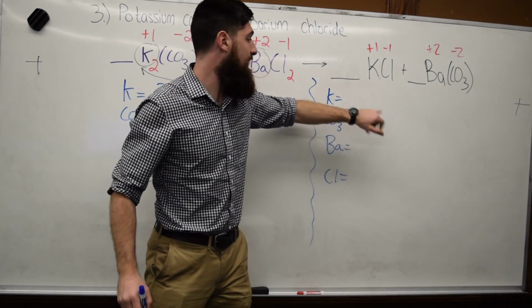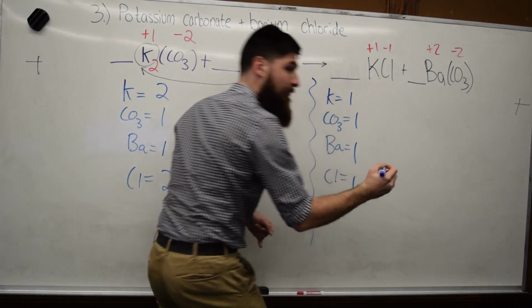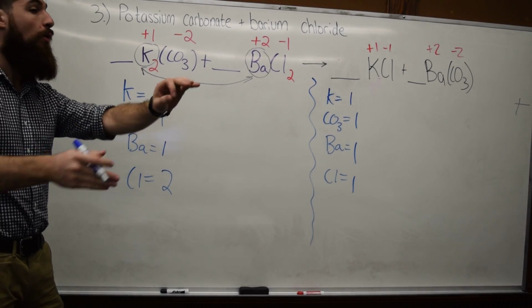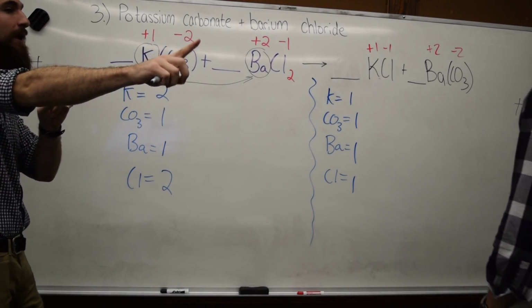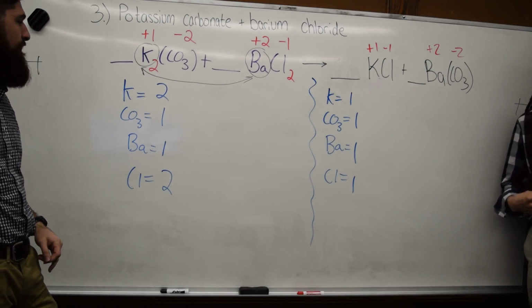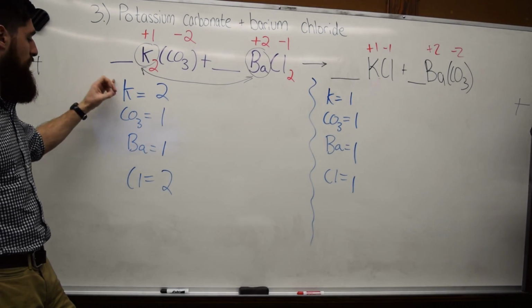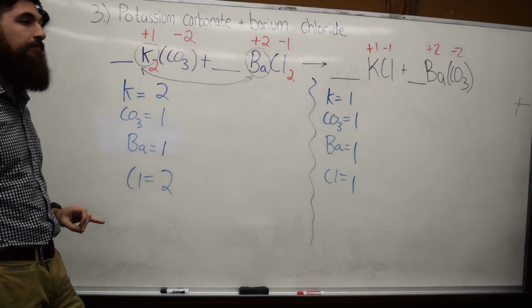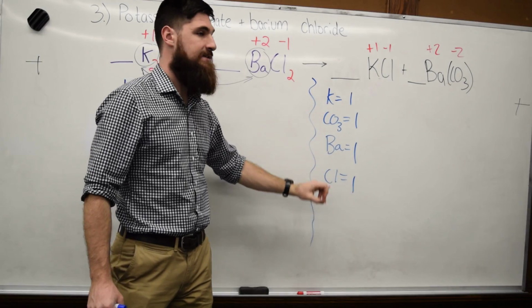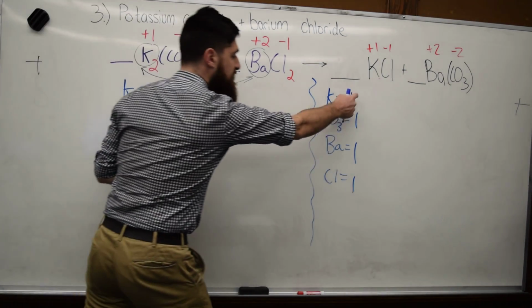On our product side, how many of each do I got? 1 for each of them. So you just put in 2 in front of each. Hold on, before you, what's not balanced yet? The product side. Which components specifically? Potassium and chlorine, right? So these are both 2, these are both 1.